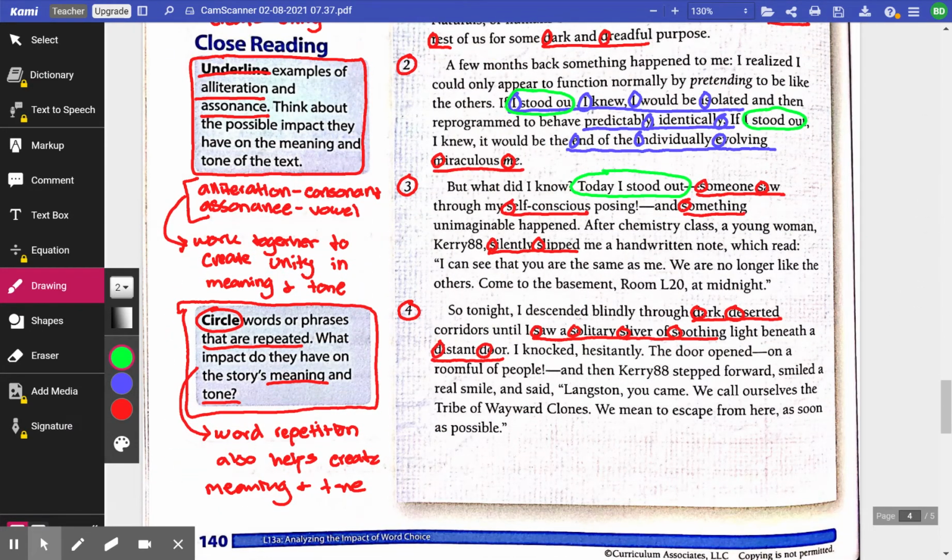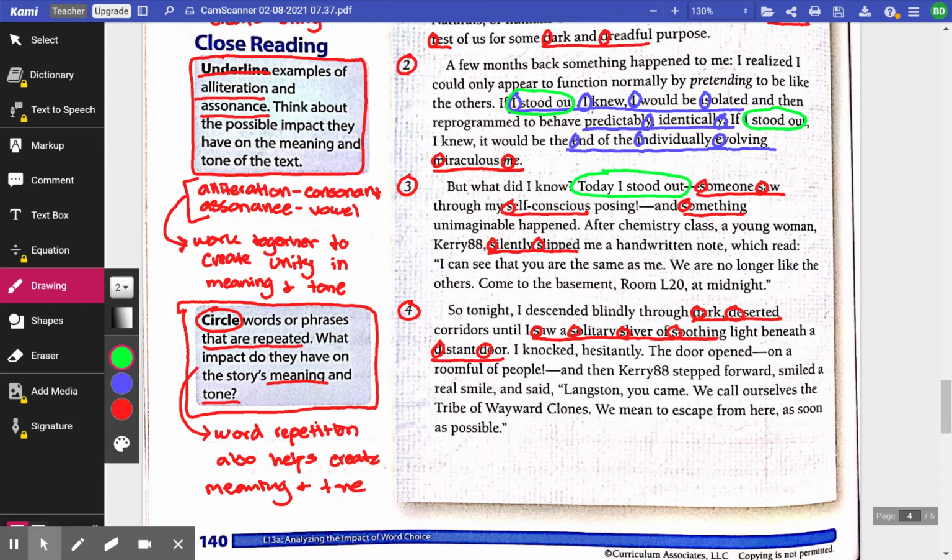So, on my other slideshow, I have a few things that are going to help us identify these story elements. So, in the passage, Tribe of the Wayward Clones, if my screen will load.